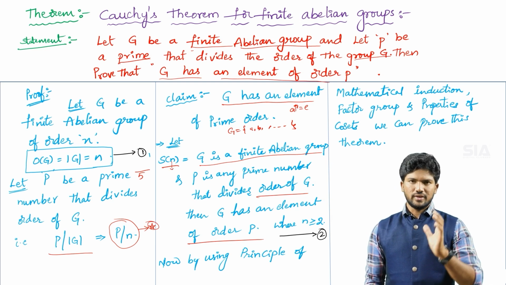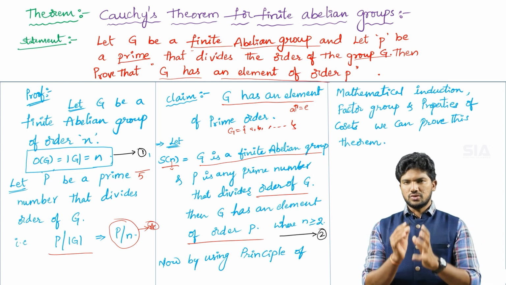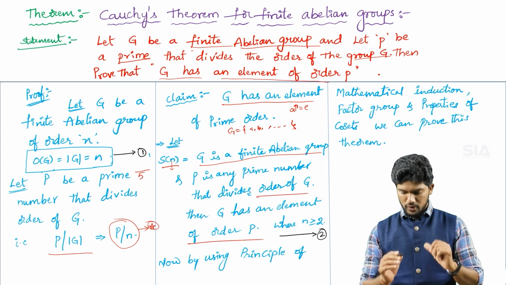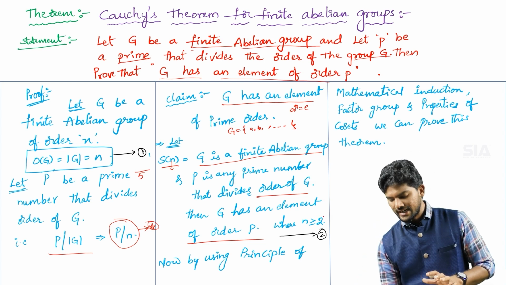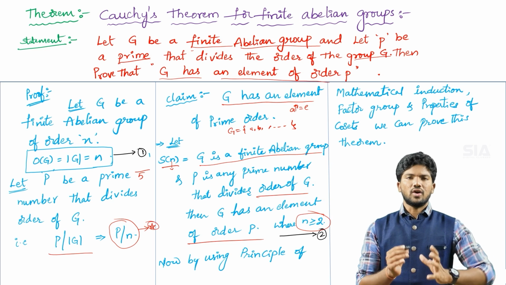Why? Because we are proving this theorem on prime numbers, and prime numbers start with 2; 2 is the only even prime number. That's why we are taking n greater than or equal to 2. If you take n equal to 1, what does that mean?